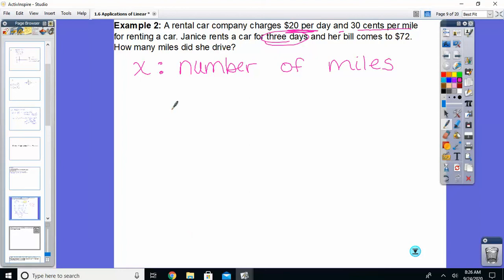Multiply. If you went ahead and just changed it to a 60 in your problem, that's fine. And she's also paying per mile, so I need to add in my cost per mile. Okay, so if you drove 1 mile, it's 30 cents, 2 miles is 60 cents, 3 miles is 90 cents, and so forth. What am I going to write there?